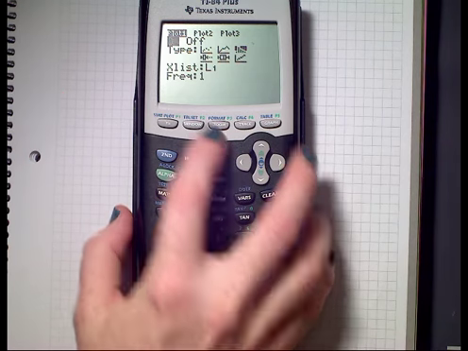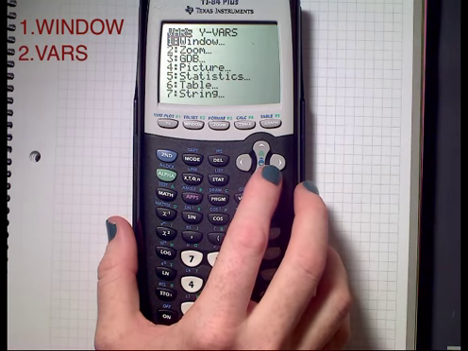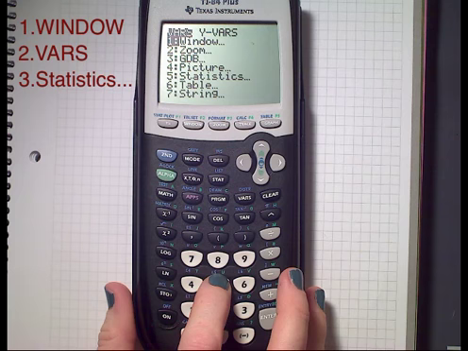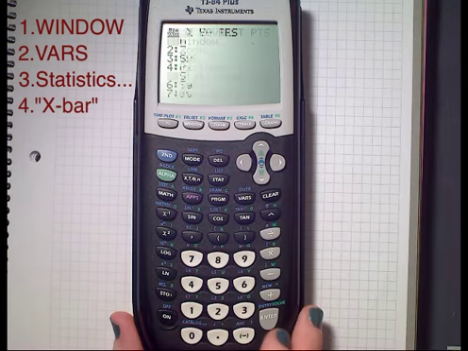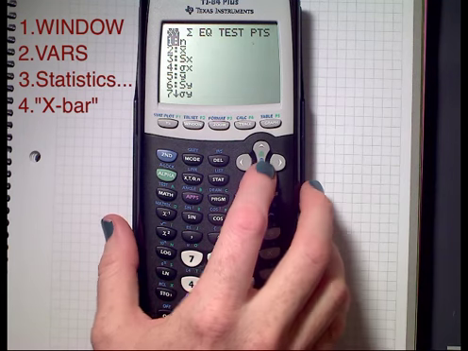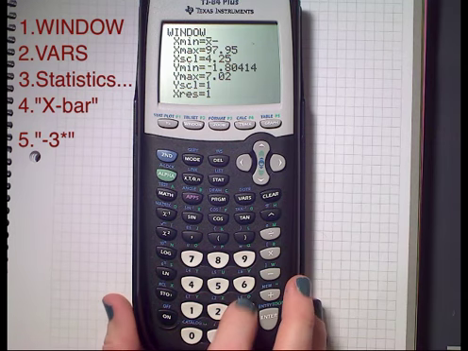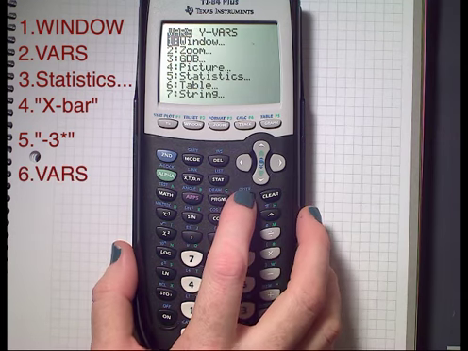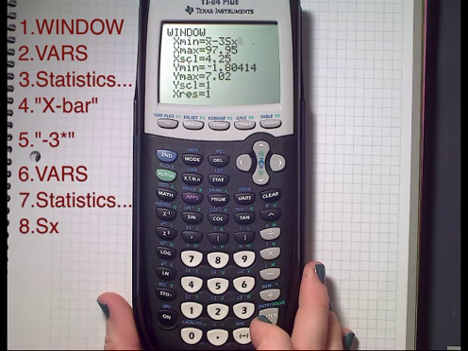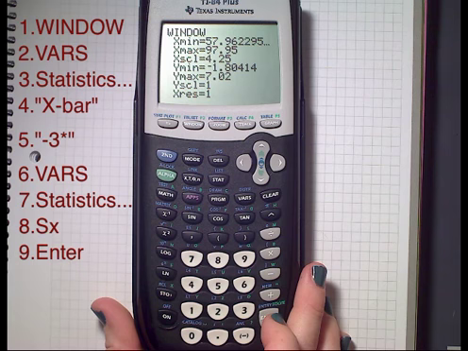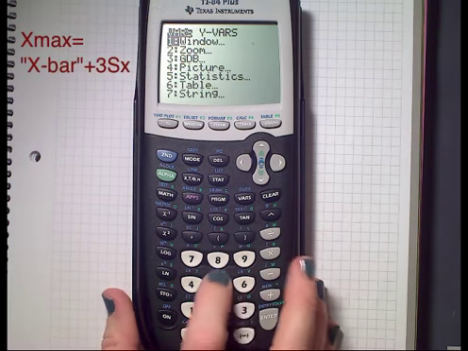And then we're going to select the window, and for our x minimum, we're going to go into Vars and then Statistics and then find x-bar, because for our x minimum, we're going to take x-bar and then subtract 3 standard deviations. Again, we're going to go into Vars, Statistics, to find Sx, and then hit Enter, and it's going to calculate our minimum. We're going to do the same thing for the maximum, but it's going to be x-bar plus 3 standard deviations.